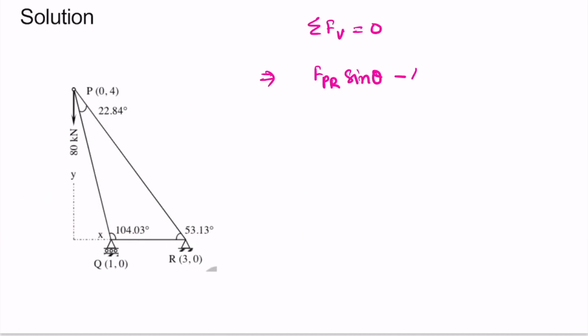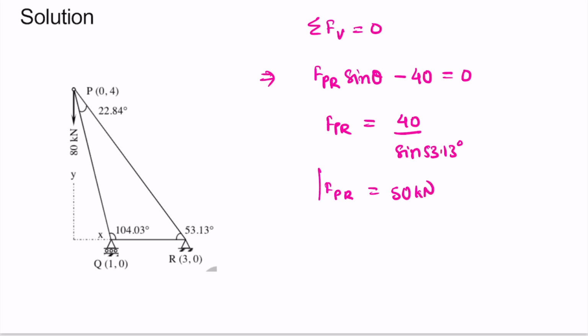So minus 40 equal to 0. From here we get the value of FPR as 40 divided by sin 53.13 degrees, and FPR we got as 50 kilonewton. So we got the value of FPR as well.